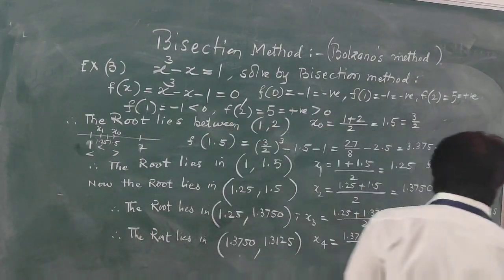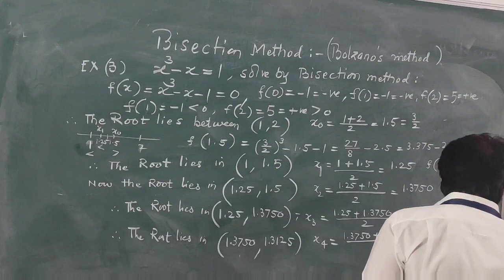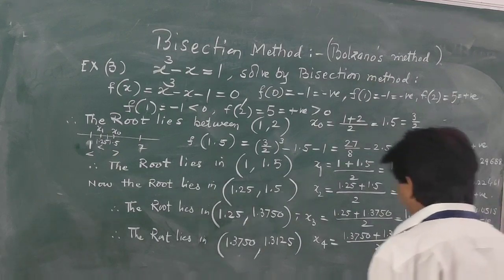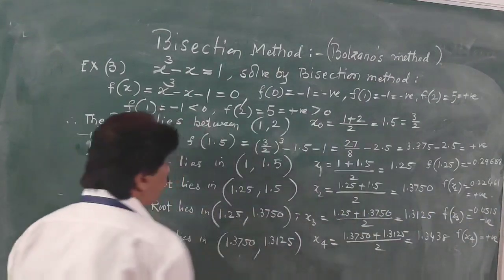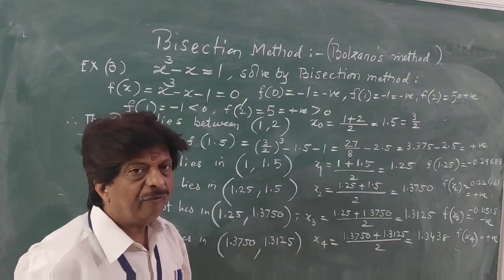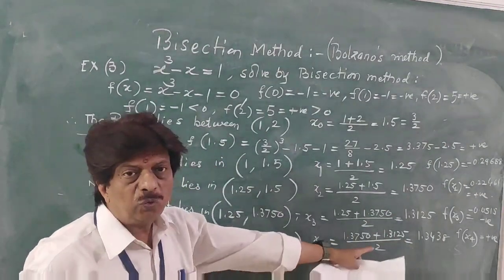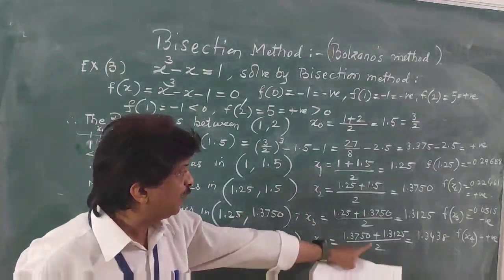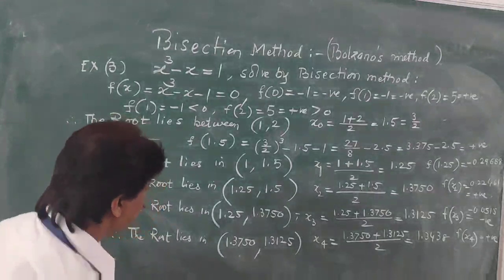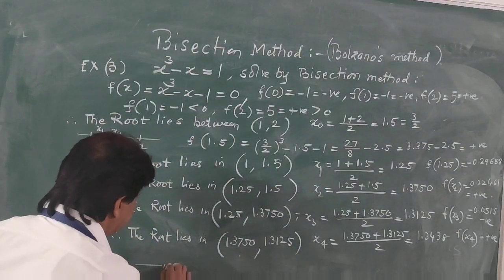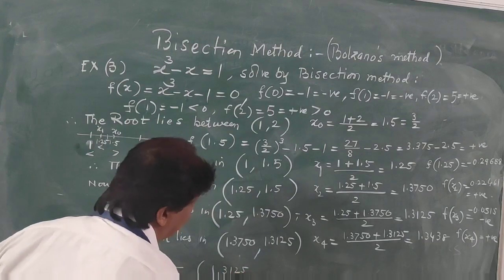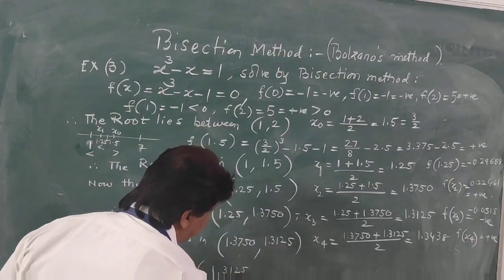And its f value, f of x4, is positive. F of 1.3125, x3, is negative. And f of x4 is positive. So the root lies between x3 and x4. That is, the root lies in 1.3125 and 1.3438.